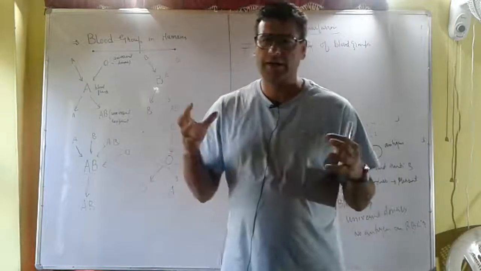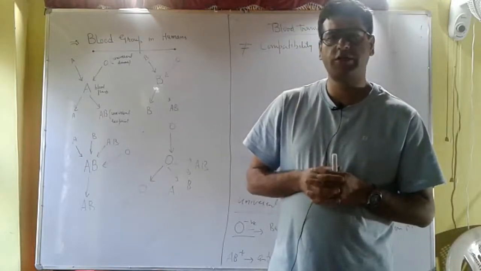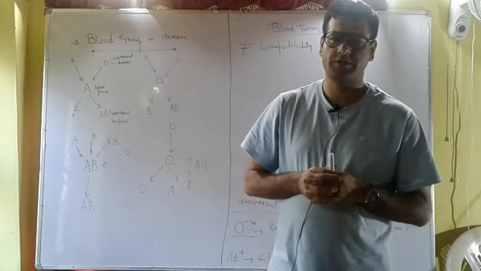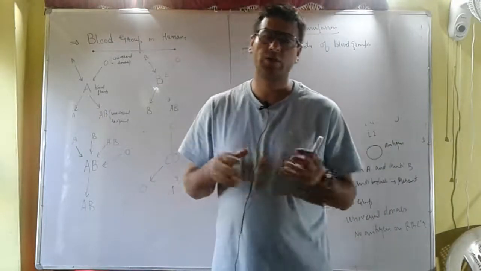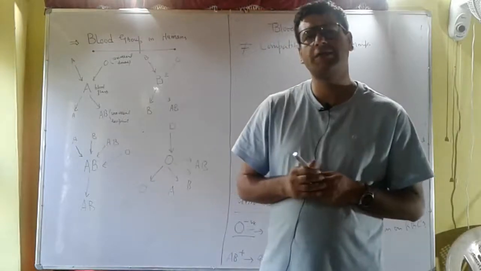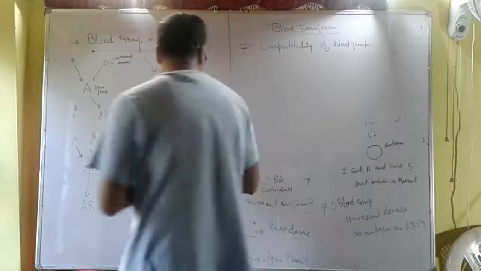There would occur an antigen-antibody reaction, and there would be agglutination or clumping of RBCs. So in order to prevent this clumping of RBCs or agglutination, it is necessary to determine the compatibility of blood groups during blood transfusion.